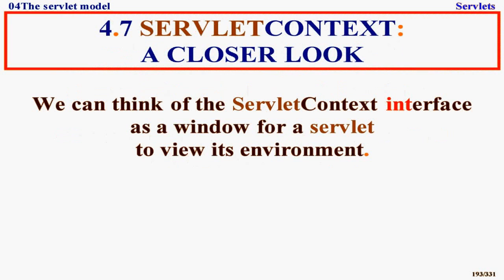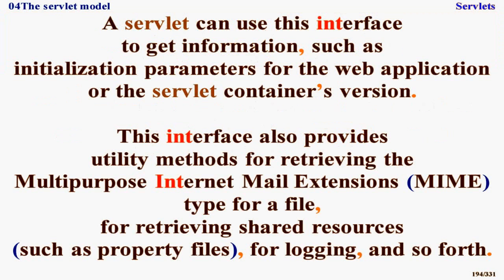4.7. ServletContext: a closer look. We can think of the ServletContext interface as a window for a servlet to view its environment. A servlet can use this interface to get information, such as initialization parameters for the web application or the servlet container's version.